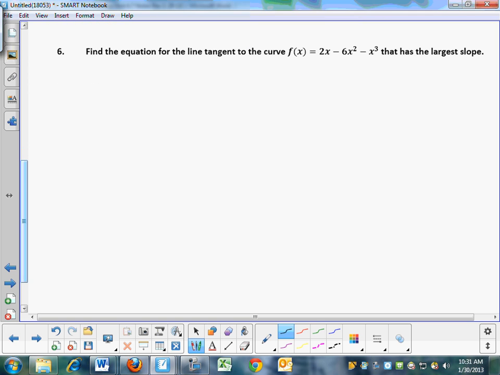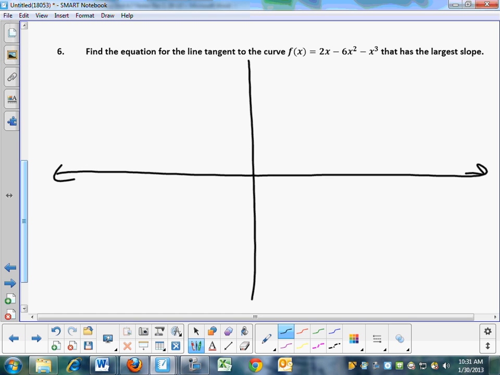So let's think about this. Largest slope. What does that graph look like? It has a negative x to the third, so it's going to look like that.